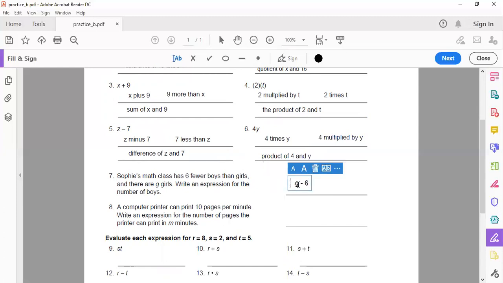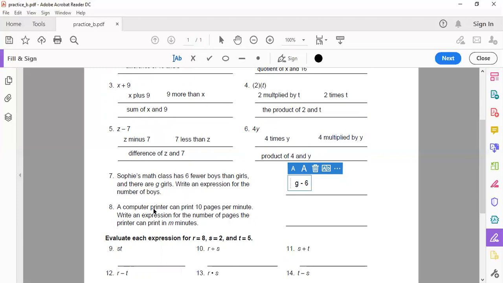So there are girls, minus 6 will give you boys. So for example, if there are 10 girls, minus 6 will give you the number of boys. So you have to be very careful when you are writing these words. So it's 6 fewer boys. So fewer means minus 6, so that goes at the end, okay? Hopefully this is clear. Yes, it's problem solving, so you need to give a little exercise to your brain.